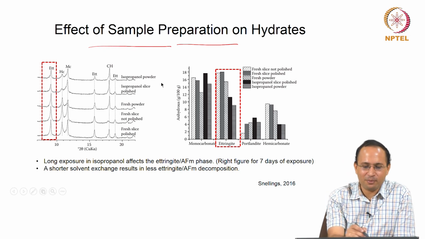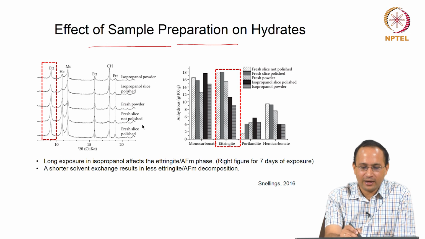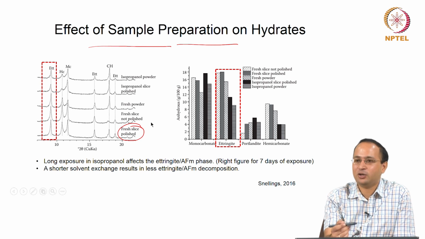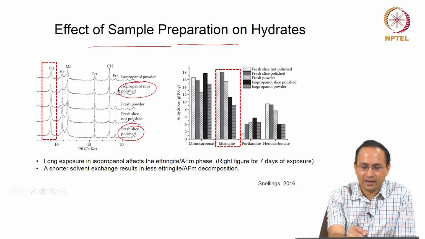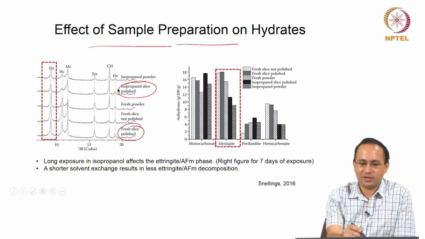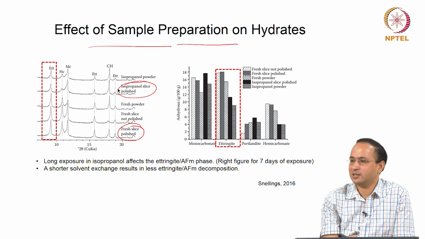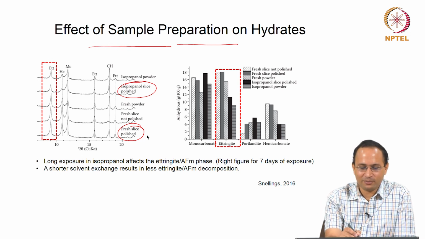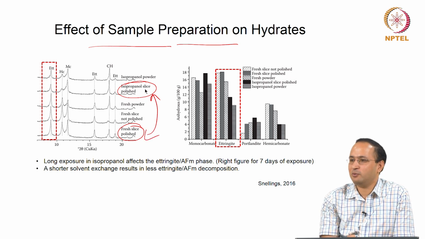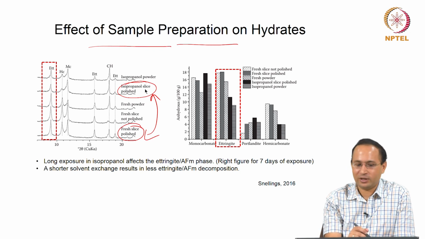So, here you see an example where we have compared, on the left plot, X-ray diffraction of fresh slice polished and, for example, isopropanol solvent exchange slice polished. So, the only difference between these two samples is that one is treated with isopropanol, and one is not. So, what do you see?